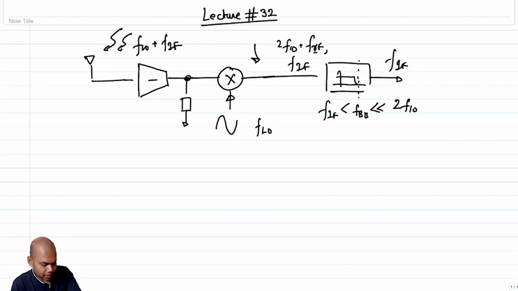But the issue with this particular configuration is we cannot get a sinusoidal mixer easily, right?